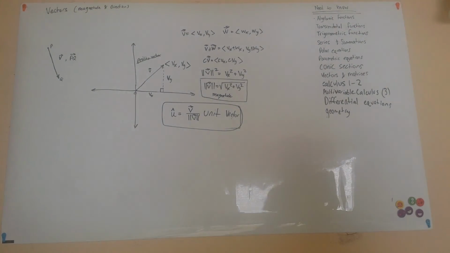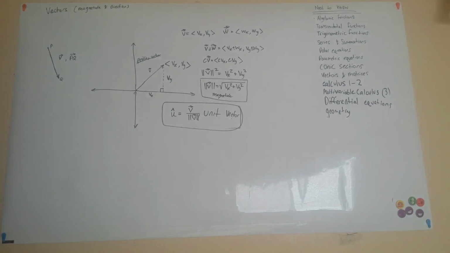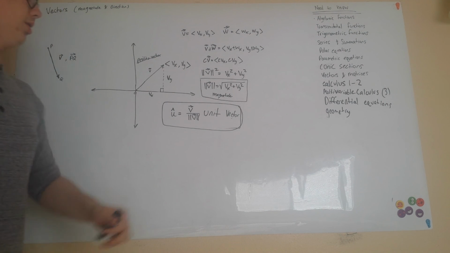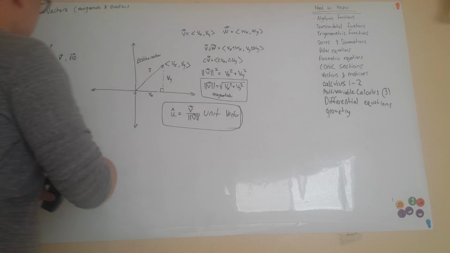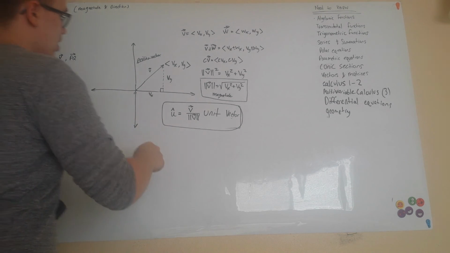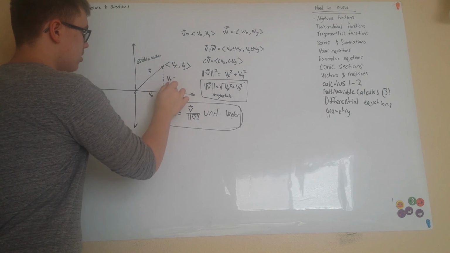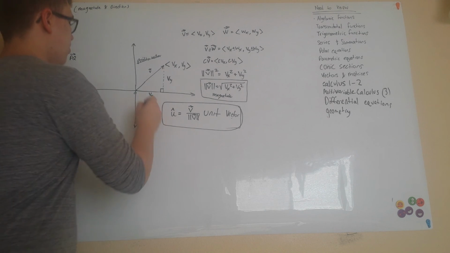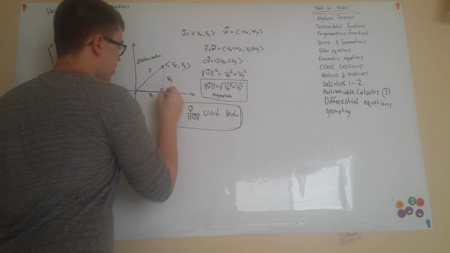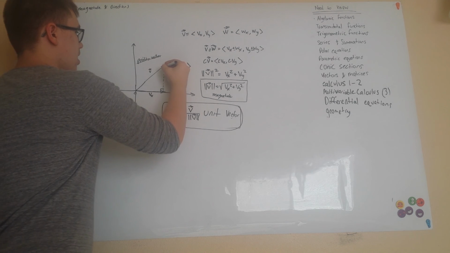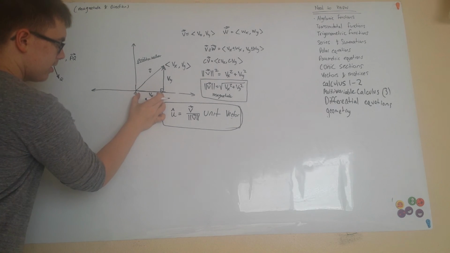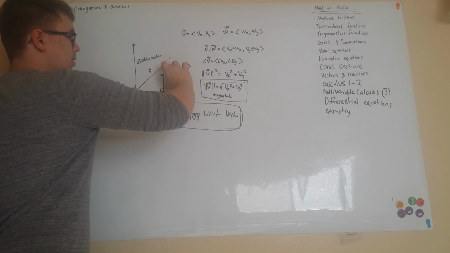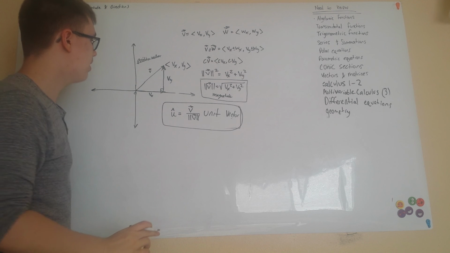I don't have that much time left, but I'm going to quickly show you the other notation of vector using our little knowledge of unit vectors. If we take a look at its components, well, its components are really this vector and this vector. And notice that this vector plus this vector equals our actual vector.